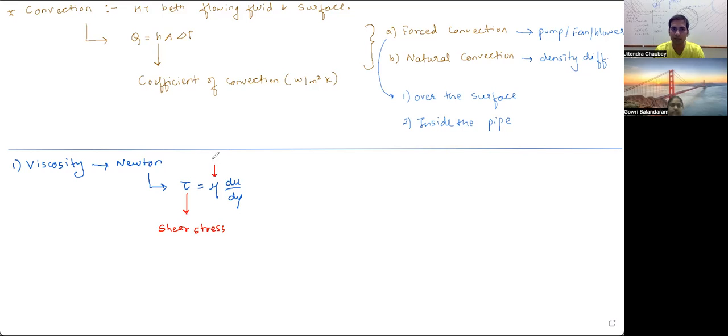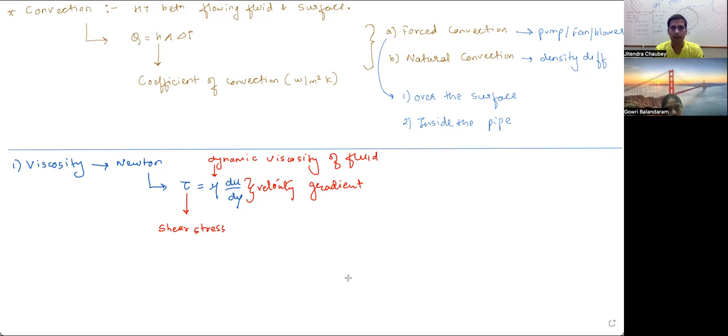Mu is the viscosity of the fluid, called dynamic viscosity. The du stands for change in velocity, and dy stands for change in layer or thickness. It is called the velocity gradient. It is the way velocity is changing with the layer.